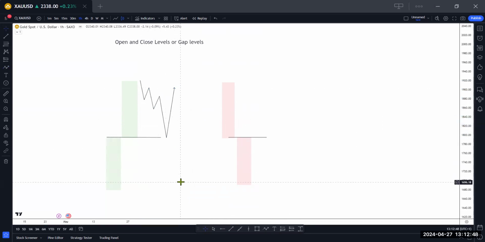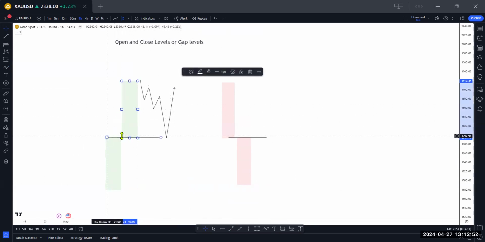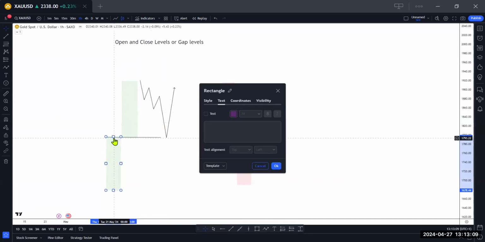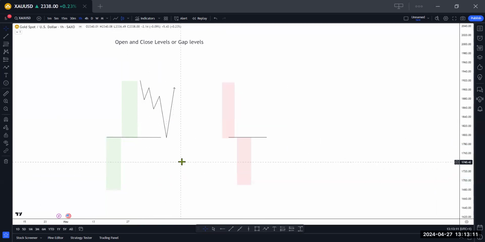You expect price to buy, right? Why? Buy candle, buy candle, buy momentum. Closing price of this is resistance. Opening price of this is support. So we are going to follow the new candle that just formed. We're not going to follow the old one, because this one is resistance that has now become support.